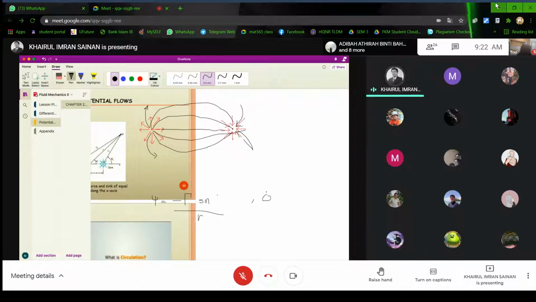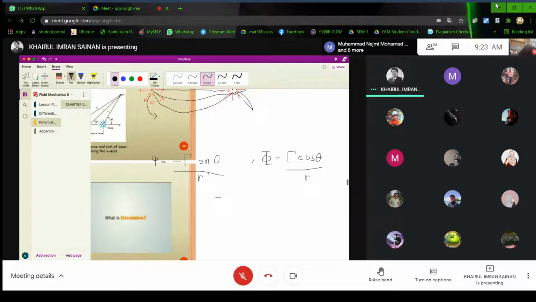And then phi is actually equals to kappa cos theta divided by r. So that is psi, and that is phi.